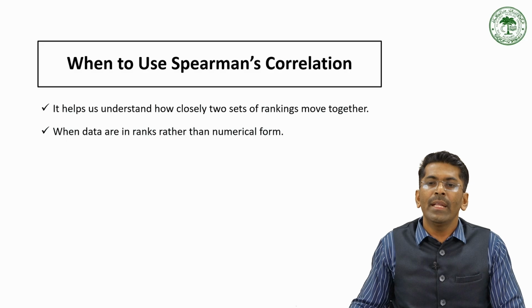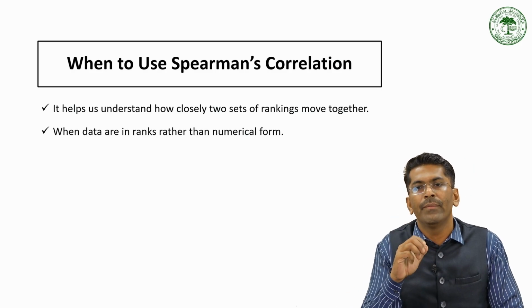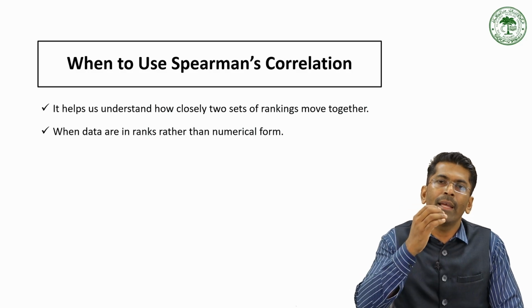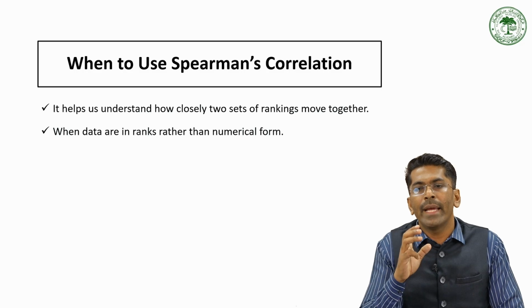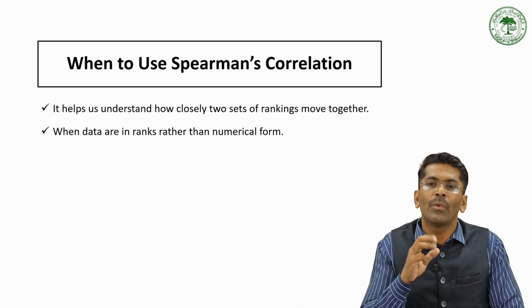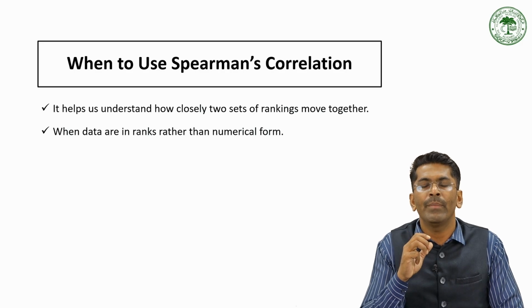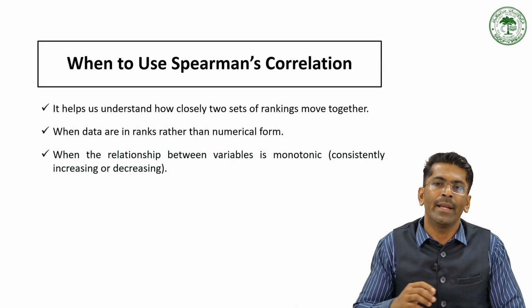So we use it when the data sets are in ranked format rather than numerical form. Many times we don't have exact measurements, but we can make a ranked format. For instance, ranking job candidates based upon their performance. In such cases, Spearman rank correlation can be ideal because it works directly with ordinal data.